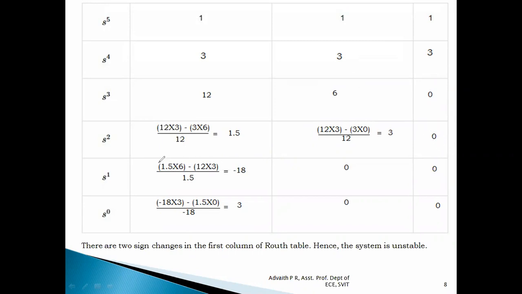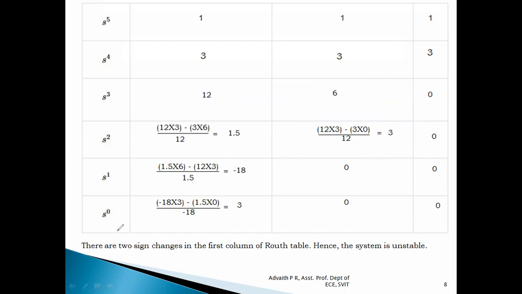Next, to get the value corresponding to the s to the power of 1 row, 1.5 into 6 minus 12 into 3 divided by 1.5. The value which we get will be equal to minus 18. Next, 1.5 multiplied by 0 minus 12 multiplied by 0 divided by 1.5 will be equal to 0. Similarly, the next value will also be equal to 0.